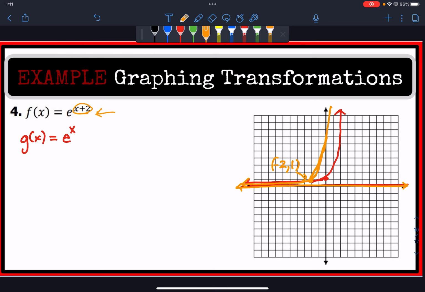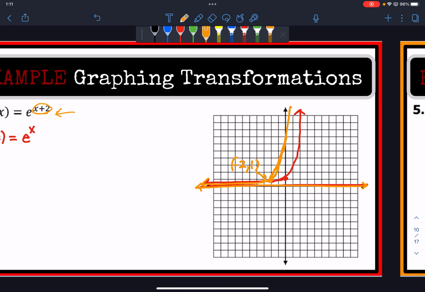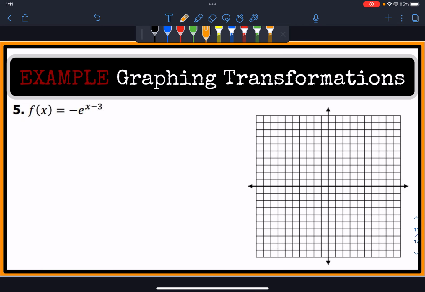Now, to graph with a horizontal shift and reflection, let me first start by graphing again e to the x, just drawing a sketch of e to the x. The -3 is going to shift our graph 3 units to the right, and the negative is going to flip it upside down.